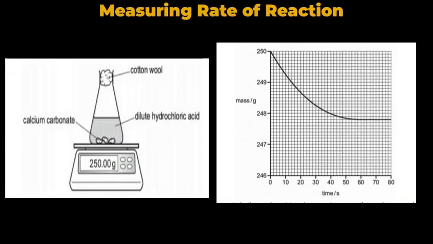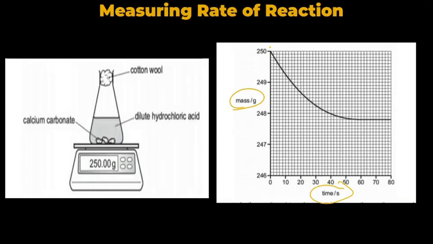So you gather the data for a period of time, and then you notice that the mass is becoming constant. Okay, now in that case your graph is going to look like this. On the vertical axis you have mass, then you have time on the x-axis.